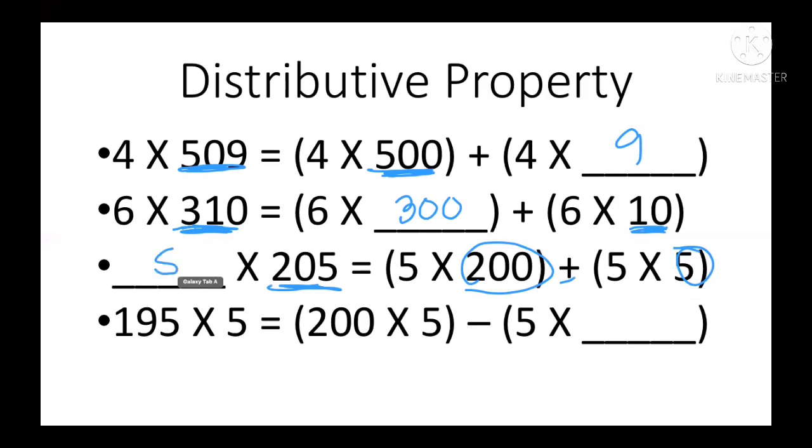This is the number that we distributed from those to those numbers. Last one. 195 times 5 equals 200 times 5 minus 5 times blank.